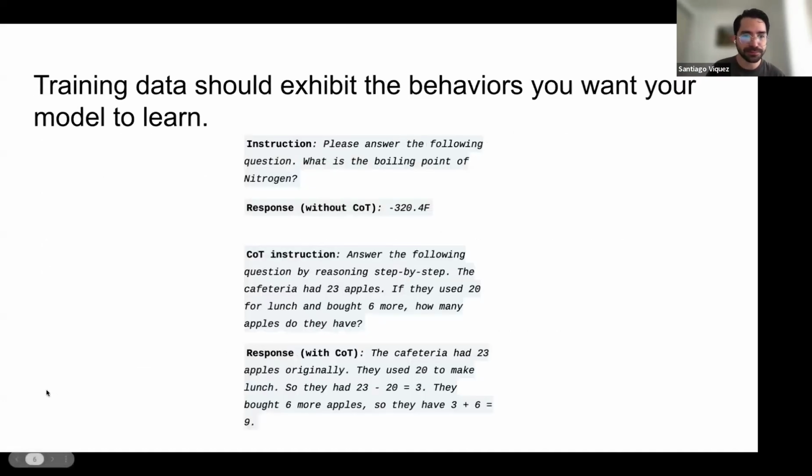So for example, your data should exhibit the behaviors that you want your model to learn. Let's say you want a question answering model where you send a question and the model just responds with a short response. Your training data should have short responses, right?